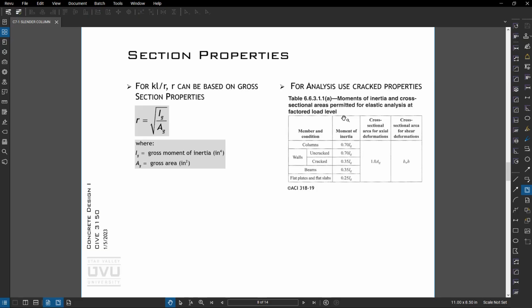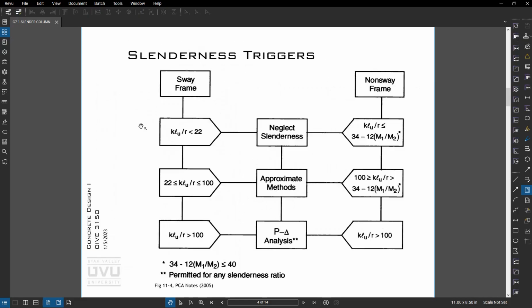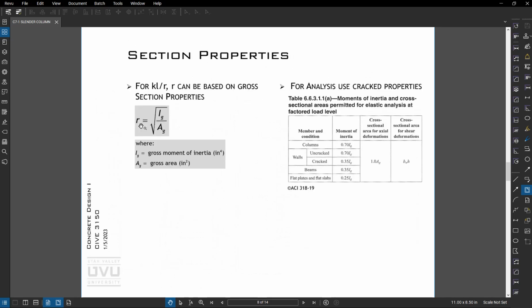Section properties. So this is critical. When we're doing analysis of concrete for radius of gyration, which plugs into this analysis here, we can use gross section properties, and that's cool.